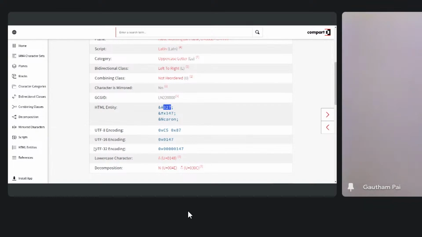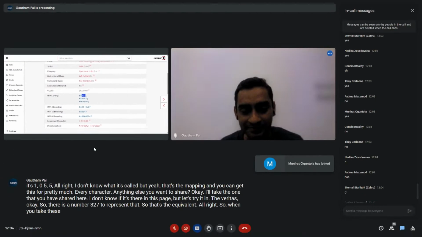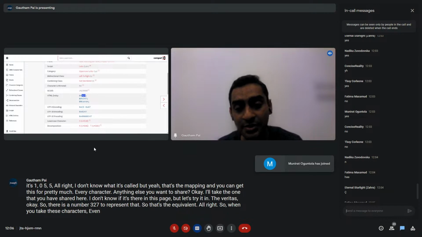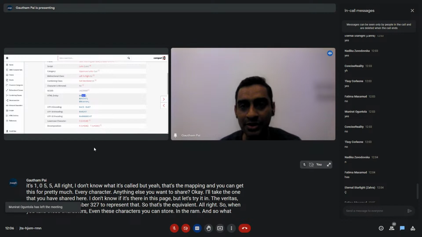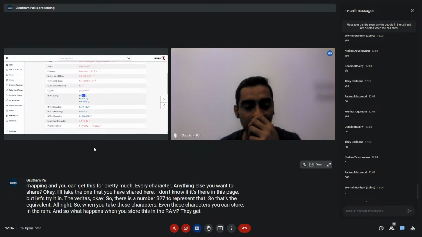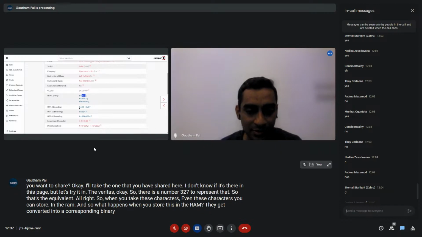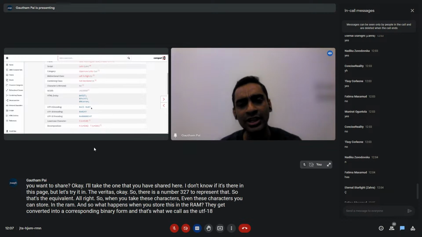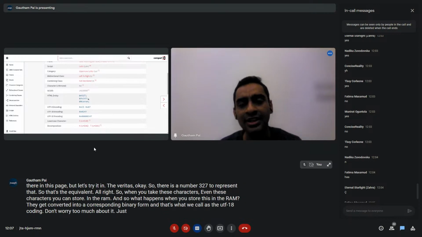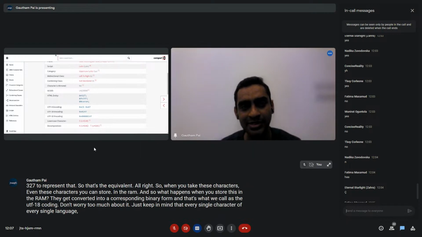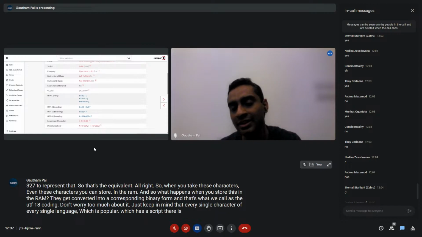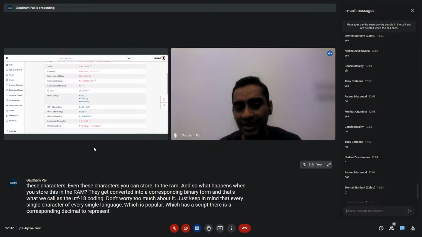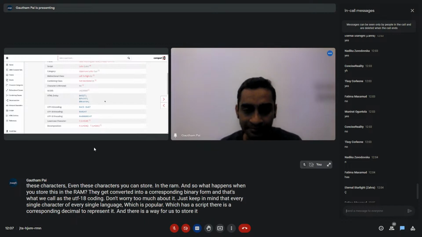All right. So when you take these characters, even these characters you can store in the RAM. And what happens when you store this in the RAM? They get converted into a corresponding binary form. And that's what we call the UTF-8 encoding. Don't worry too much about it. Just keep in mind that every single character of every single language which is popular, which has a script, there is a corresponding decimal to represent it. And there's a way for us to store it in the RAM.